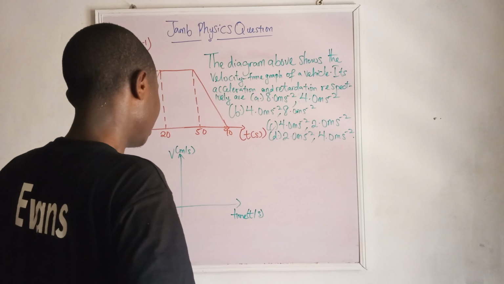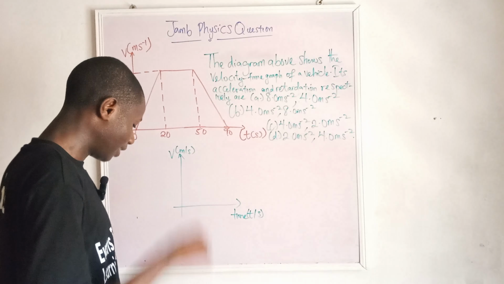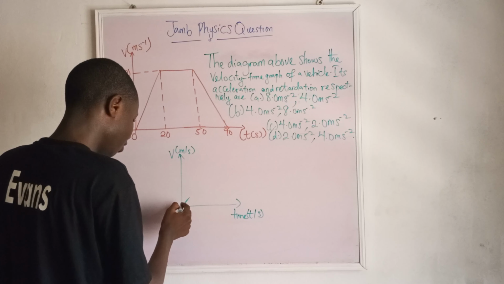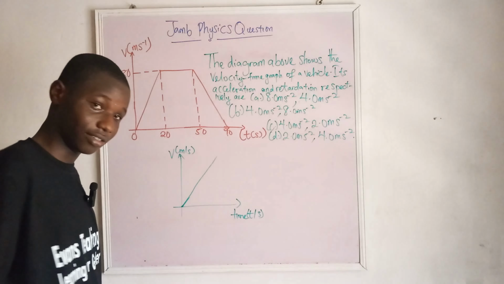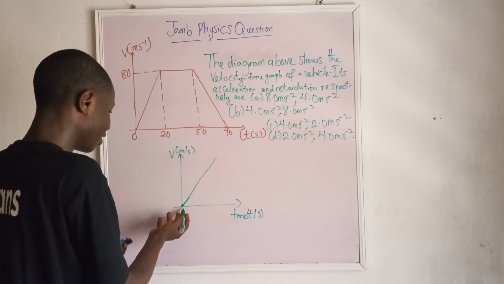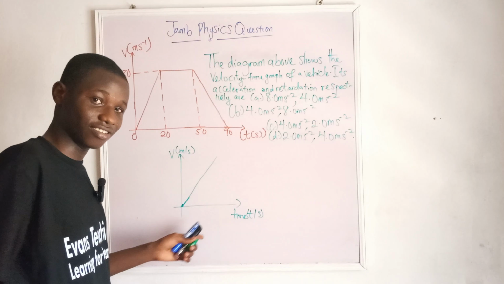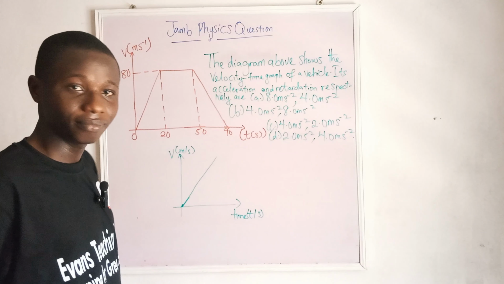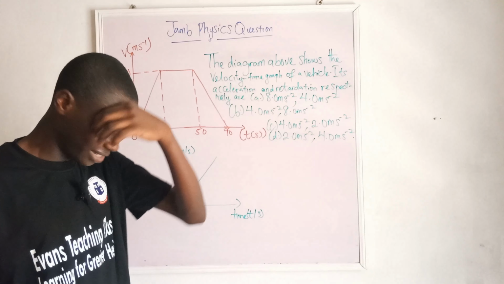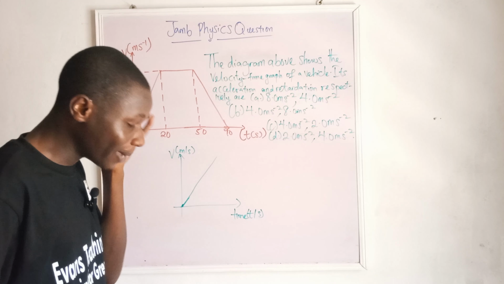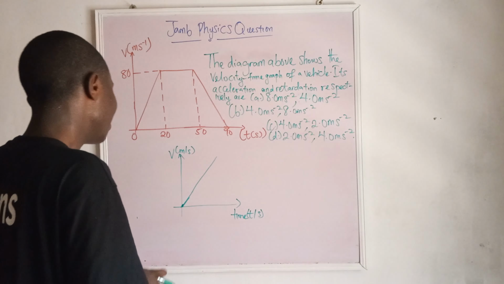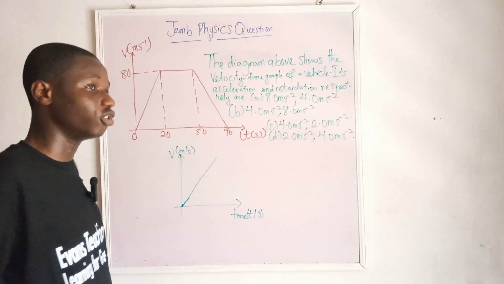Now the line that you are drawing here shows the velocity is increasing with respect to time. Do you understand what I'm saying? When velocity is increasing with respect to time, what do you call it?